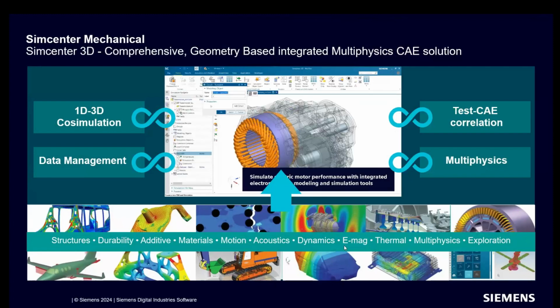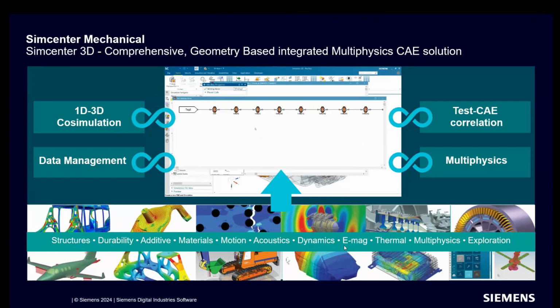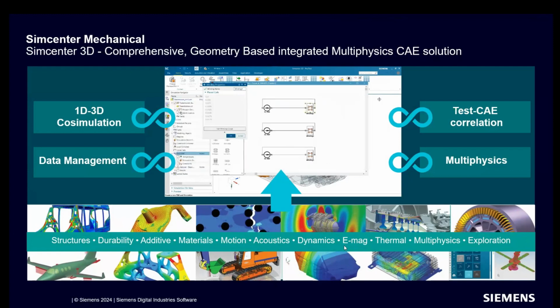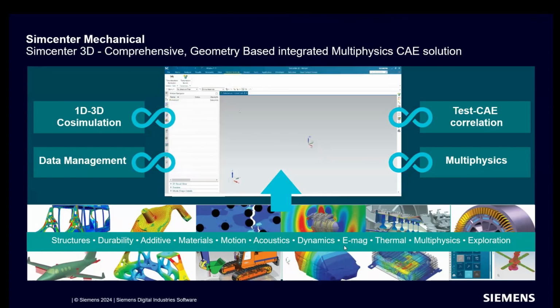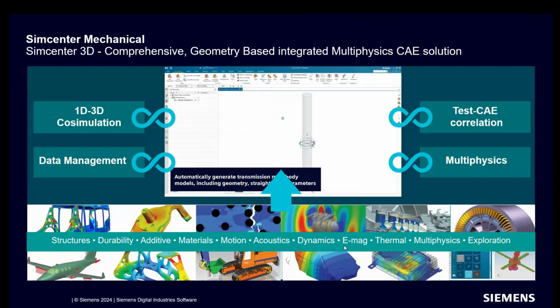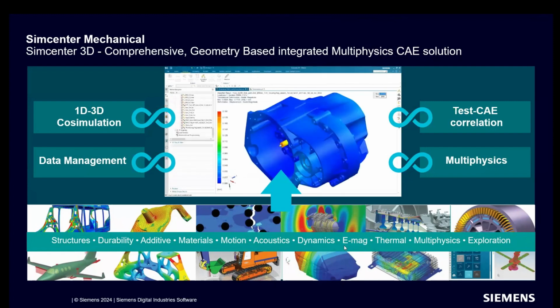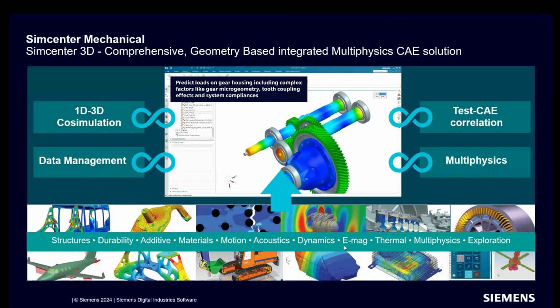It is linked to 1D and 3D co-simulation. Of course, it's linked to data management, which Femap is as well, as we'll see in a few minutes. But it's also linked to our test and CAE correlation. Like I said, as part of the digital thread, a lot of our customers have to validate their designs through physical testing. That's one of the expertise areas for ATA, and they know all about it, and they're a great partner.